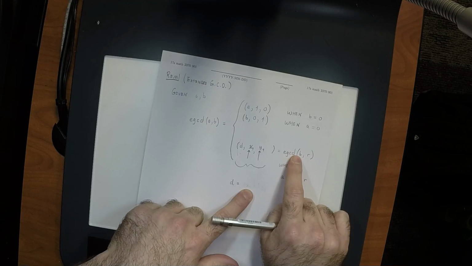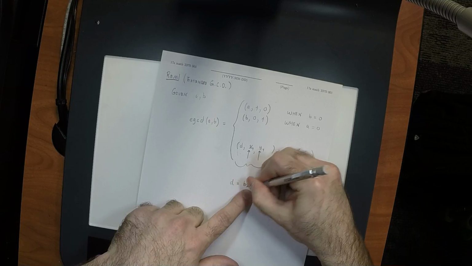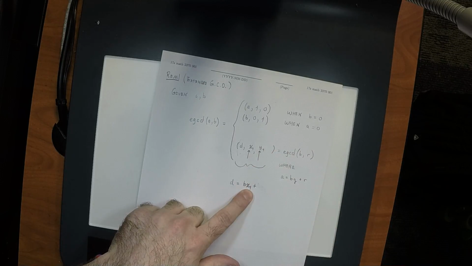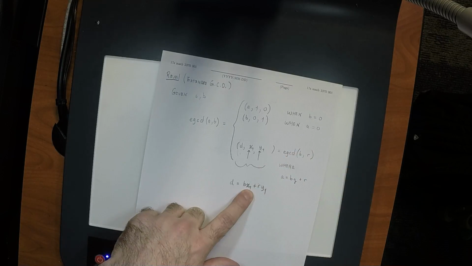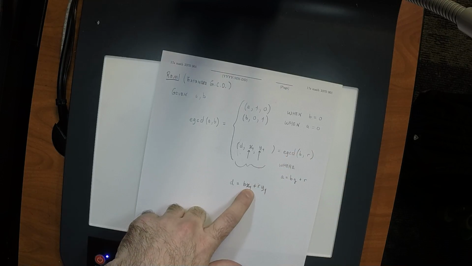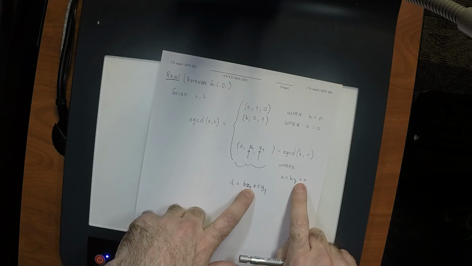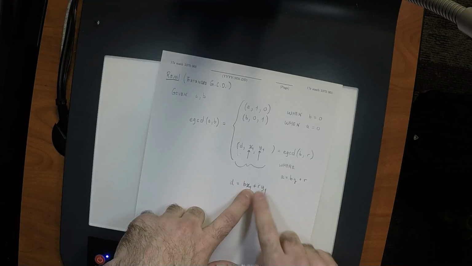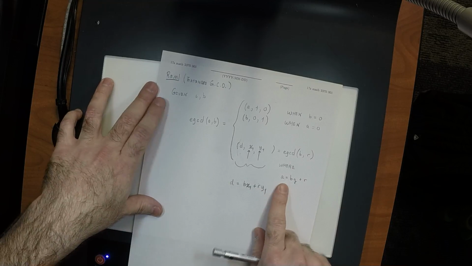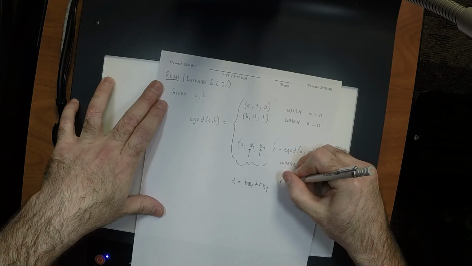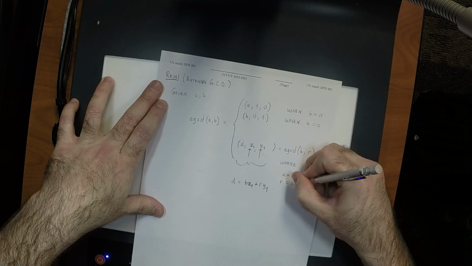B x1 plus what? R y1. Okay? And now we have this R. We're going to substitute this R into that equation. So if we solve for R in this one, then R is what? A minus BQ.